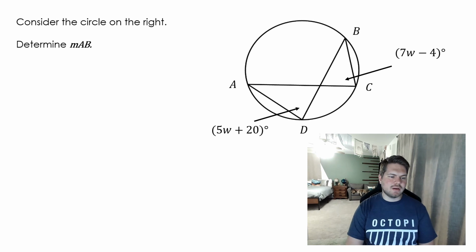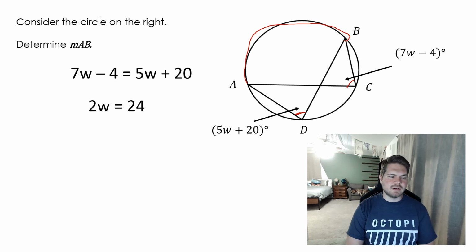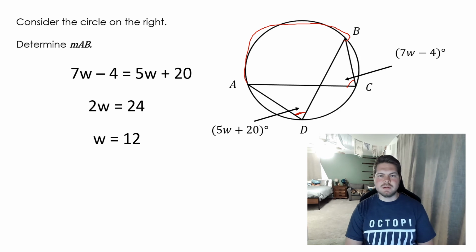Okay, so now we are going to look at the circle, and we can already tell that these two share arc AB. So angle C and angle D should be equal to each other. So knowing that, we can set them equal to each other to solve for W. And then once we solve for W, we get W is 12.